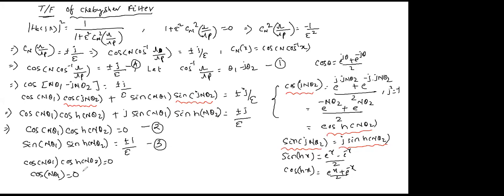That is cos of n theta 1 equals cos of (2k minus 1) pi by 2, because cos of pi by 2, 3 pi by 2, 5 pi by 2, an odd multiple of pi by 2, is 0, where k is 1 to n.